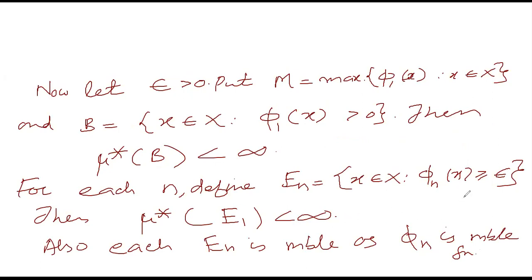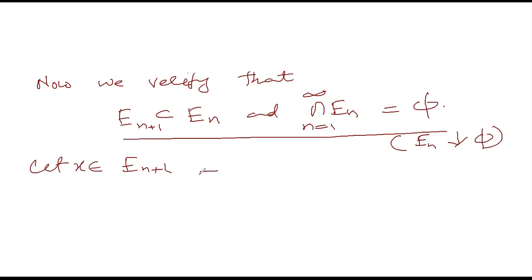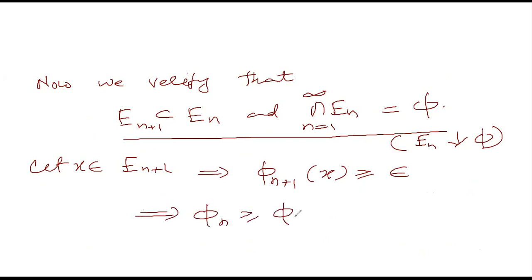This means that phi (n+1) of x is greater or equal to epsilon by definition of E_n. But phi n is greater or equal to phi (n+1) because phi n is a decreasing sequence.